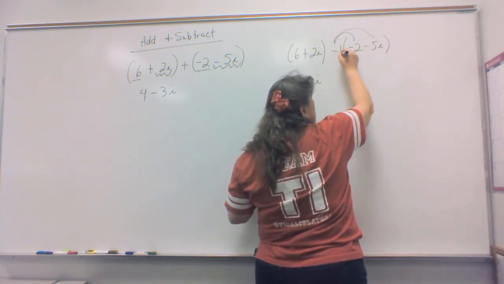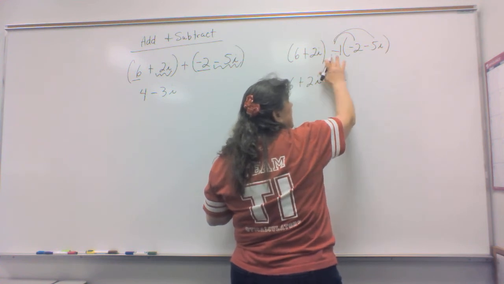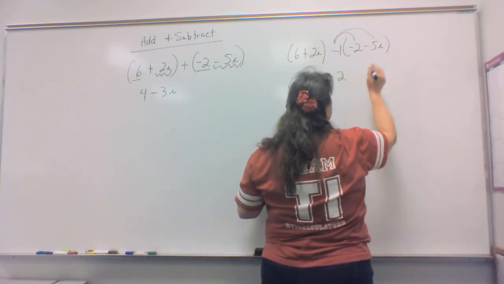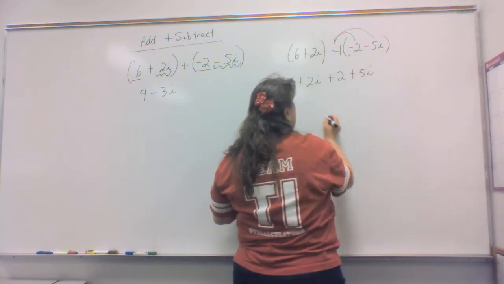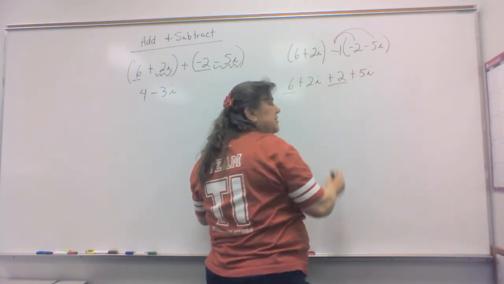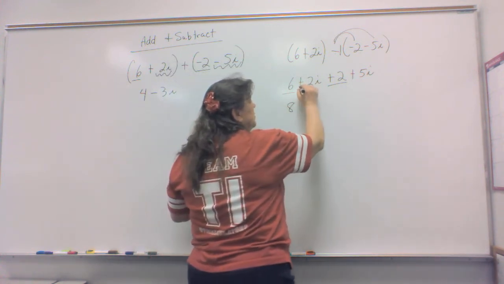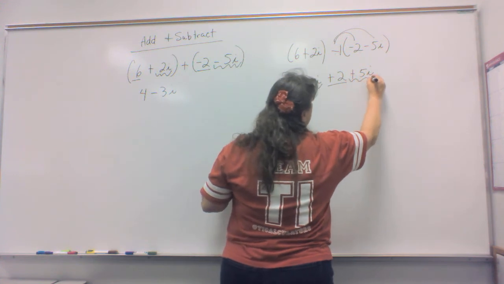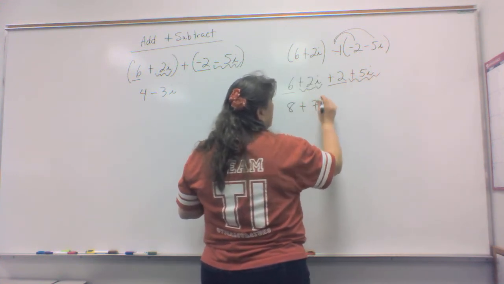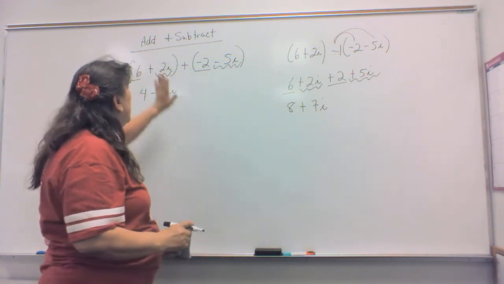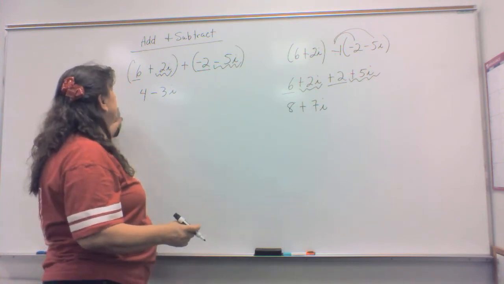Negative 1 times negative 2 is a plus 2, and a negative 1 times a negative 5i is a plus 5i. So, now combine the like terms. 6 plus 2 is 8. 2i plus 5i gives me plus 7i. So as you can see, adding and subtracting is just like any other kind of like terms.